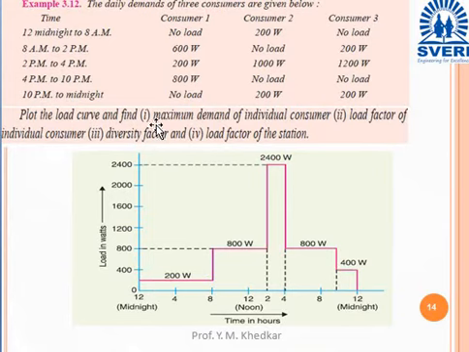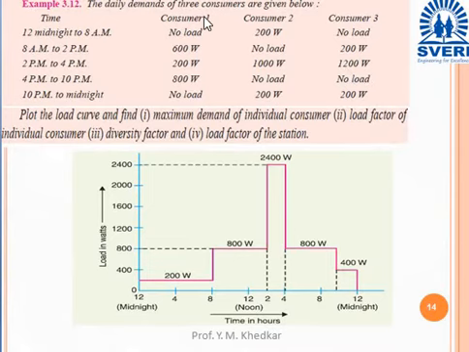Then the first thing they have asked is the maximum demand of individual consumer. So consumer number 1 has a maximum demand of 800 watt. Consumer number 2 has a maximum demand of 1000 watt, and consumer 3 has a maximum demand of 1200 watt.